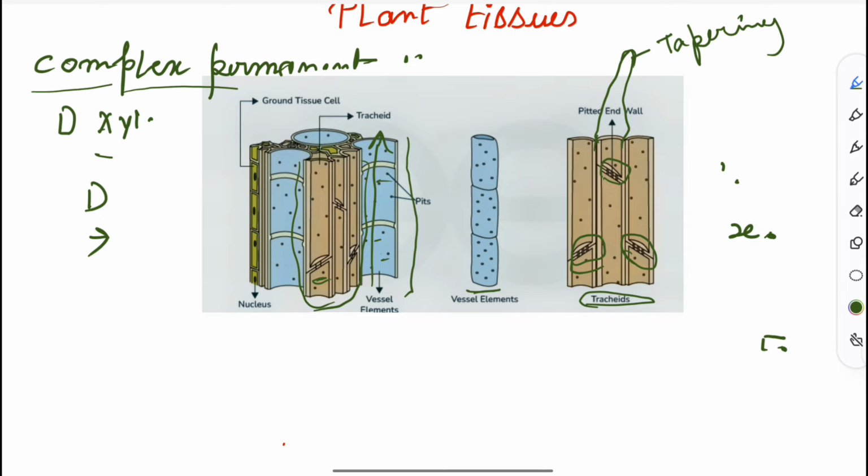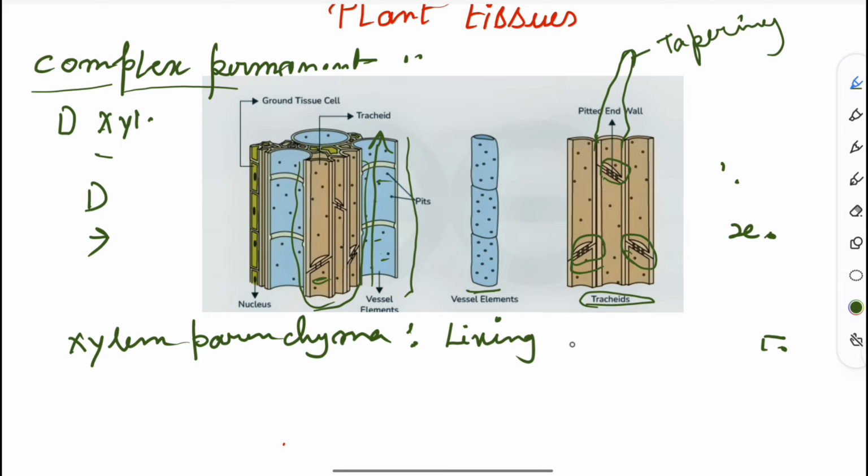Next we are going to talk about xylem parenchyma. Xylem parenchyma is the only living component of xylem.